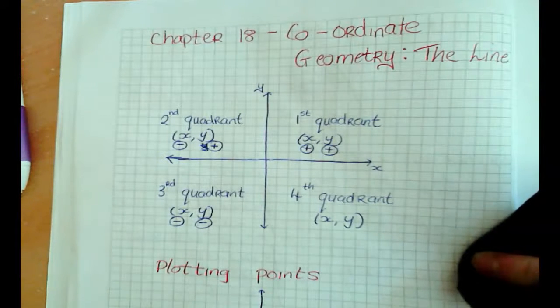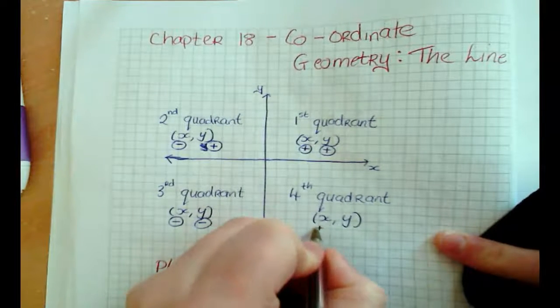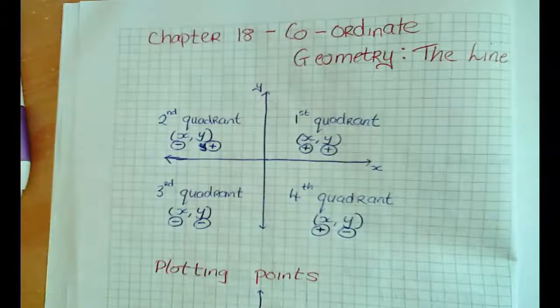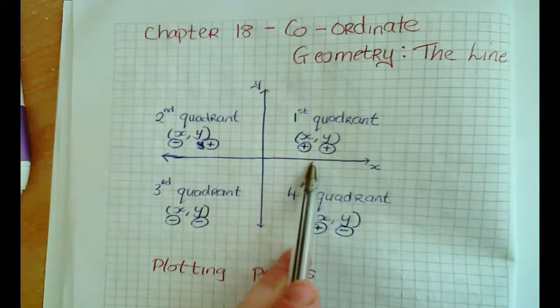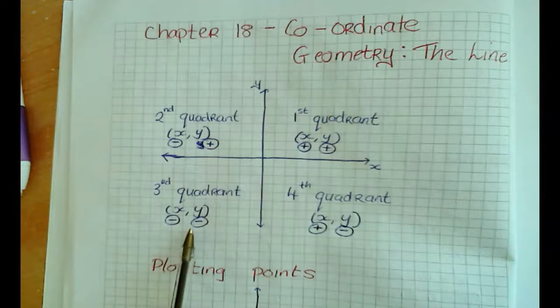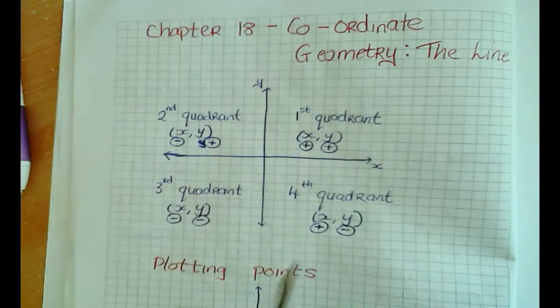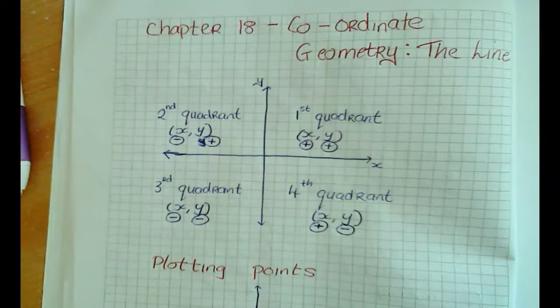And in the fourth quadrant, our x is positive and our y is negative. So in the first quadrant they're both positive, in the third quadrant they're both negative, in the second quadrant x is negative and y is positive, and in the fourth quadrant x is positive and y is negative.